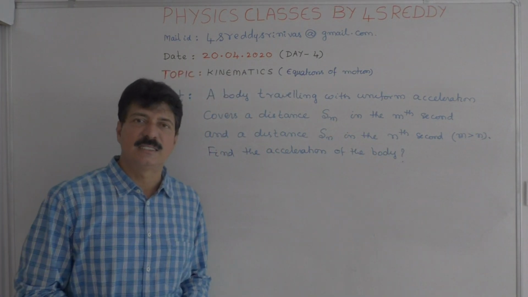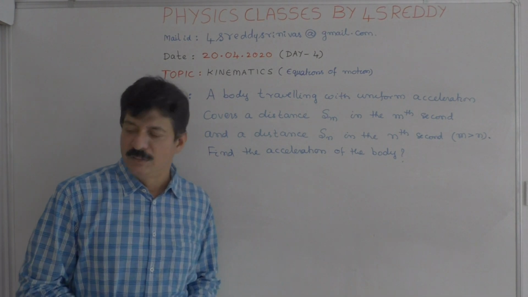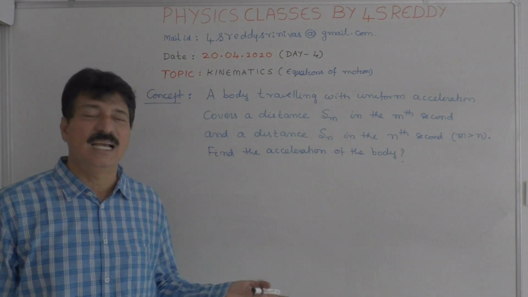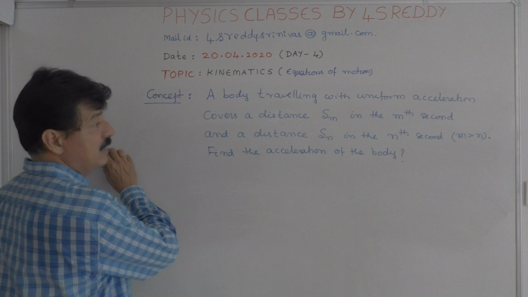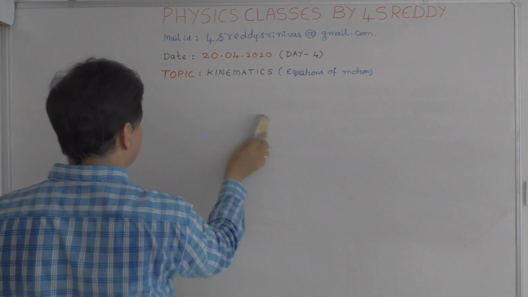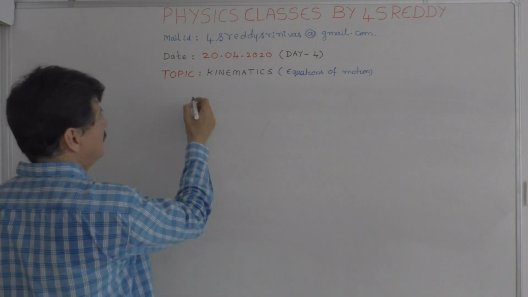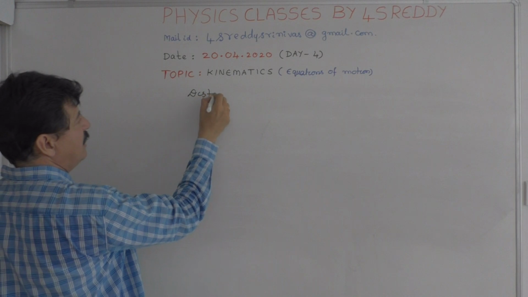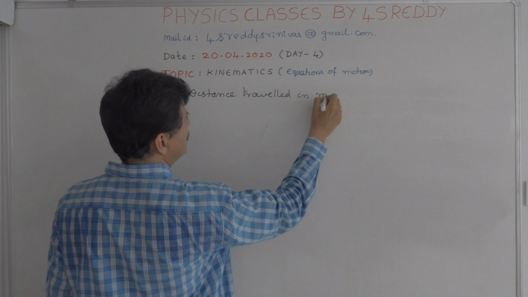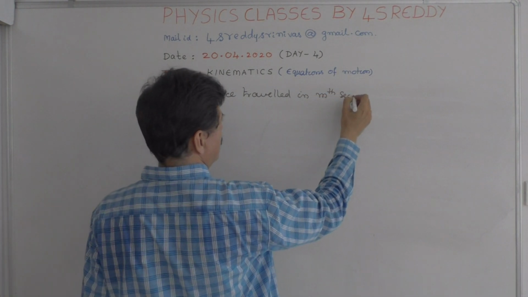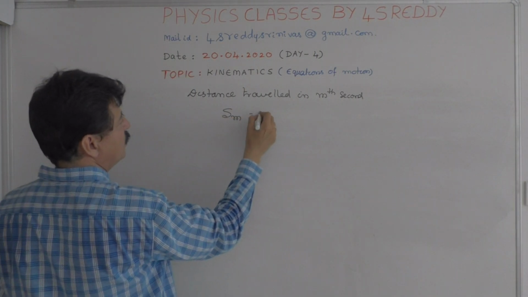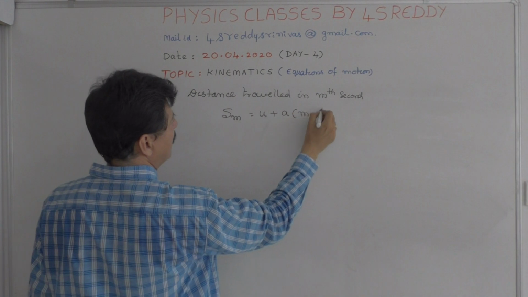Suppose you are asked like this, then what to do? This is simply nothing but the distance traveled by a body in the nth second only. Now the solution for this problem is again very easy. The distance traveled in the mth second is given by Sm equals u plus a into m minus half.